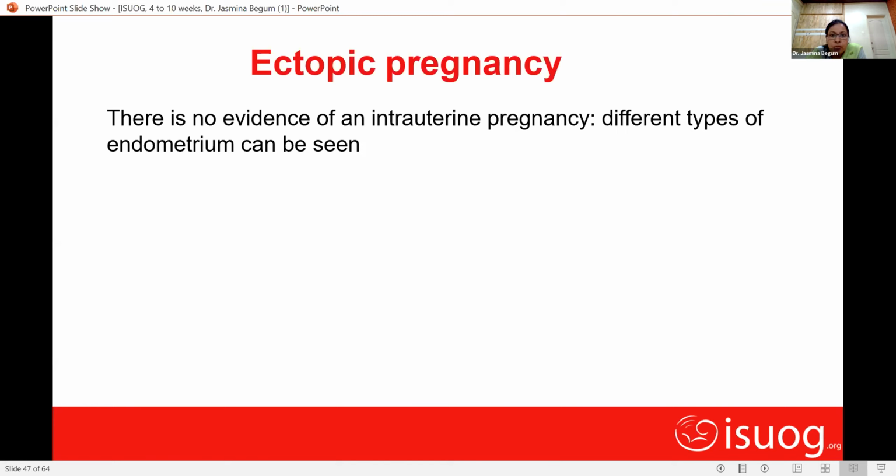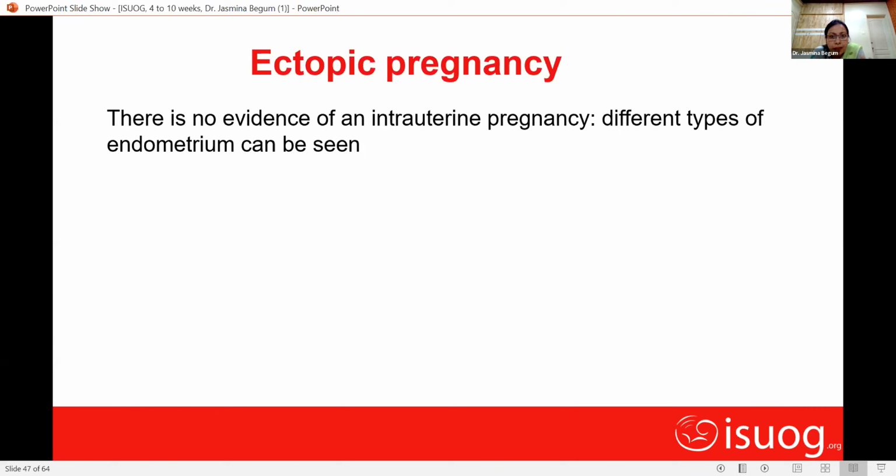So if a lady comes with a positive urine pregnancy test, with a history of amenorrhea, lower abdominal pain and vaginal bleeding, she may be hemodynamically stable, or she may be unstable; she may come with various presentations. In those conditions, if you do ultrasound and the pregnancy test is biochemically positive, you may not see anything inside the uterine cavity.